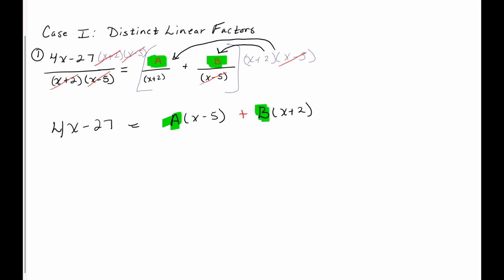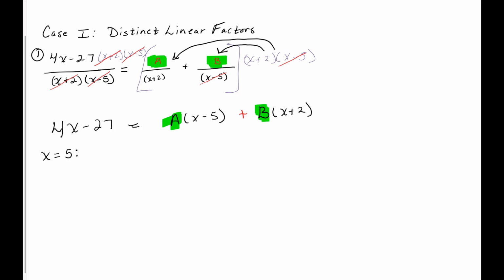So let's talk about wise choices for x. What would I pick for x if I wanted to solve for one of these, a or b? Well, I'm going to pick x equals 5. That is my first wise choice.